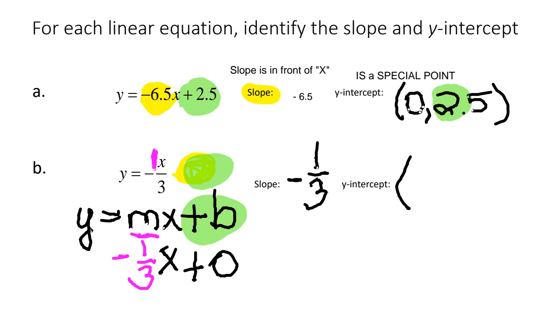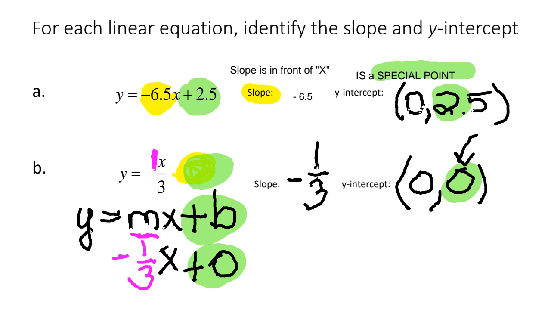My y-intercept is (0, 0). Okay? This 0 is the 0 that is right here. That's my 0. This first 0 is part of the fact that it's a special point. A point has an x and a y value.